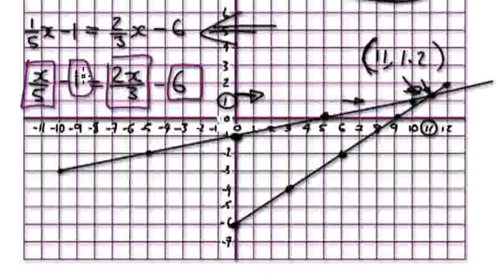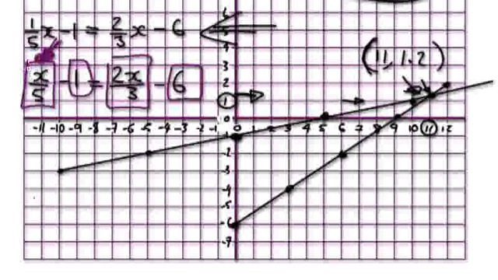Inside my mind, I'm going to take away this block from both sides. On the left-hand side, I'm going to take away this x over 5. I'm going to take away this block from both sides. Do whichever way you want, just find out what x will be.